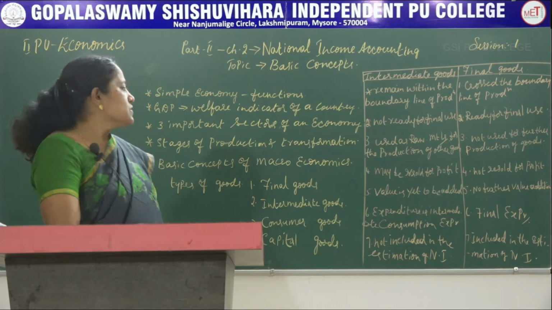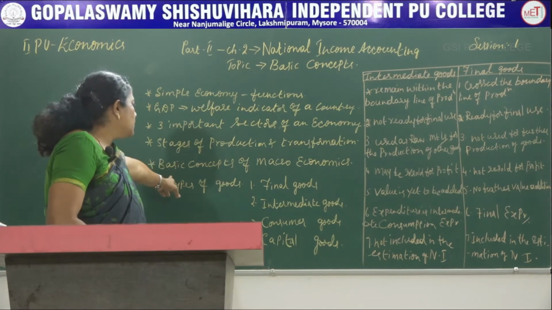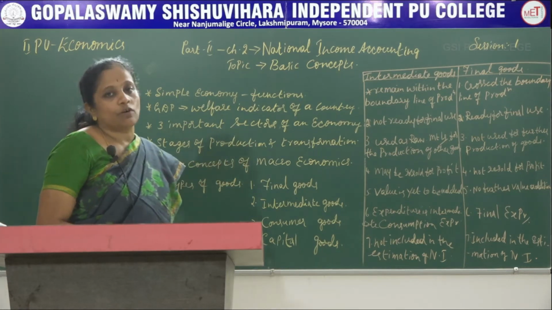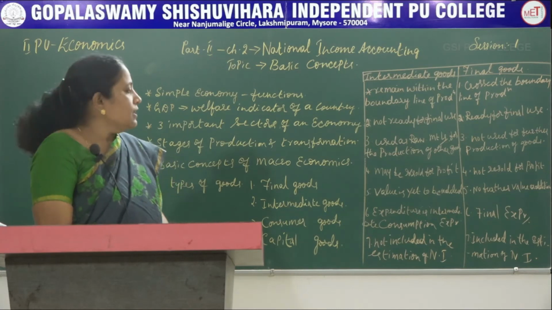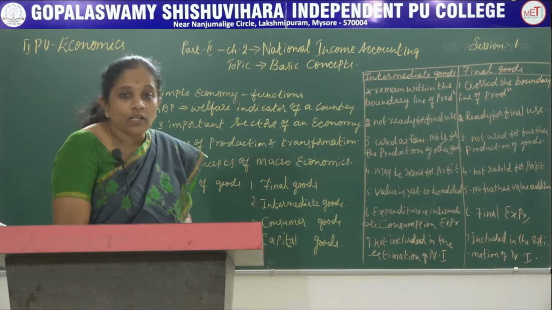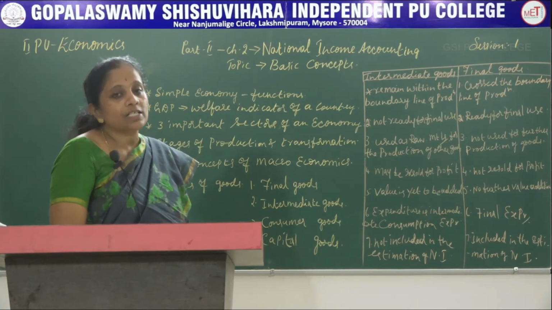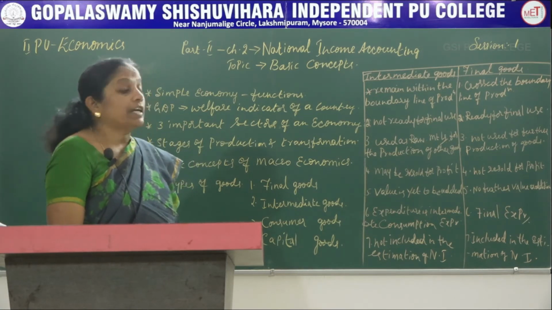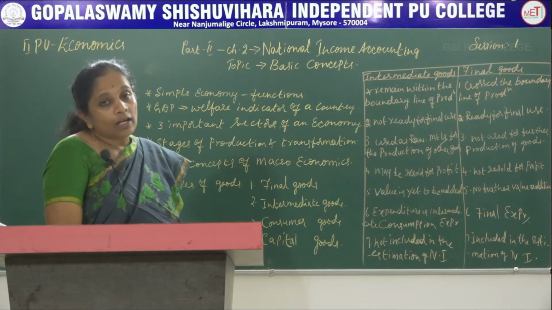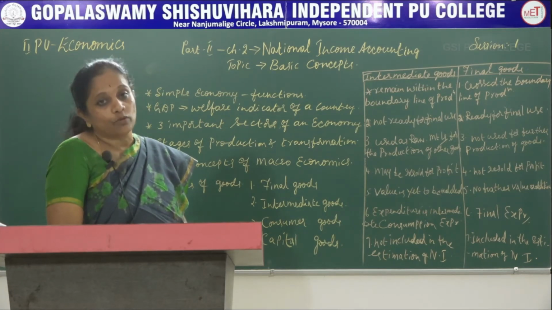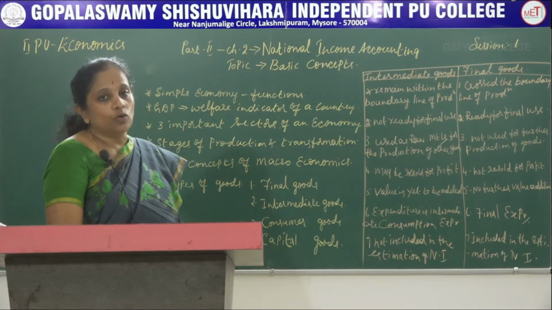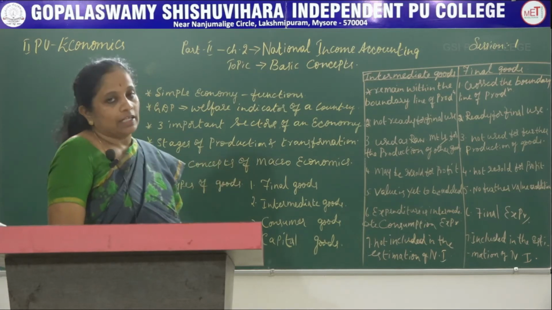final utility. So, next, here we learn some of the basic concepts of macroeconomics. The macroeconomics under the national income accounting teaches you about different types of basic concepts related to the types of goods and how they are converted into other types of goods, the transformation of the goods, and everything is studied here.